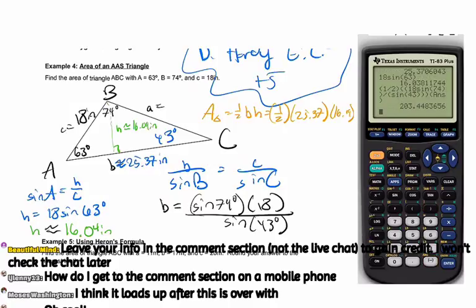I think that's okay. So just keep me honest. If I make a mistake, if you got a different number, bring it to my attention and convince me, because it could be a mistake in there. I'm going to let you double check it and make sure it's correct. 203.45 inches squared is the area.